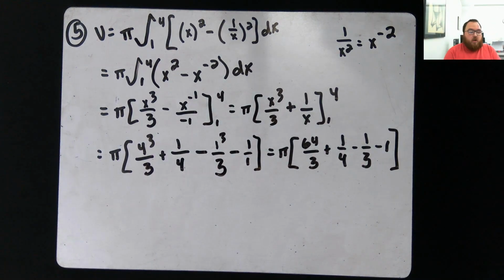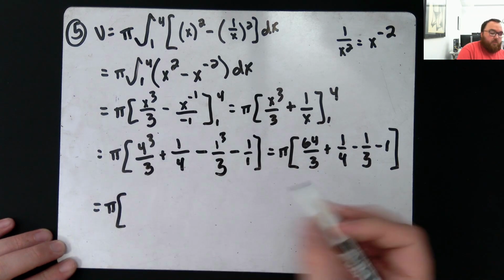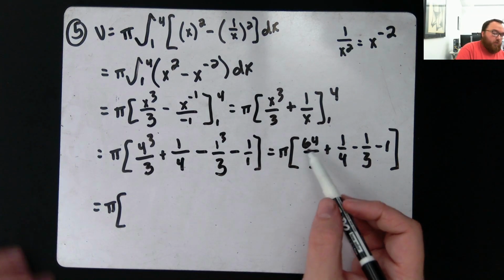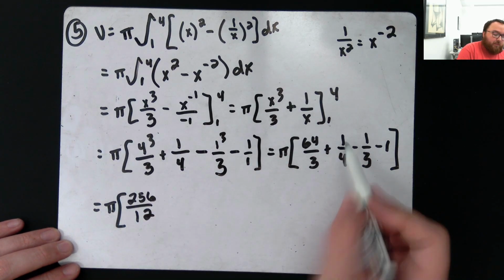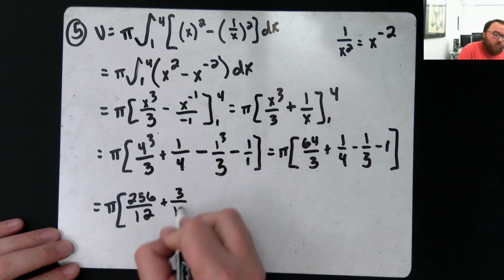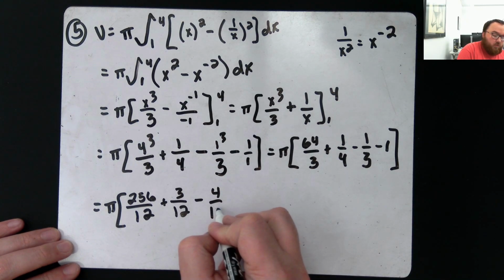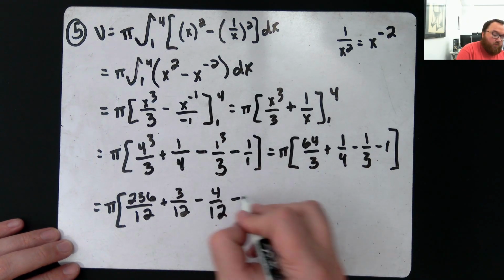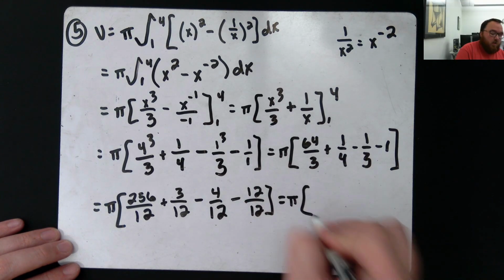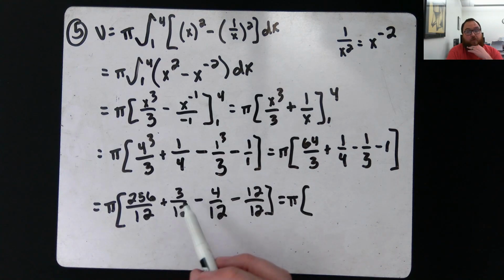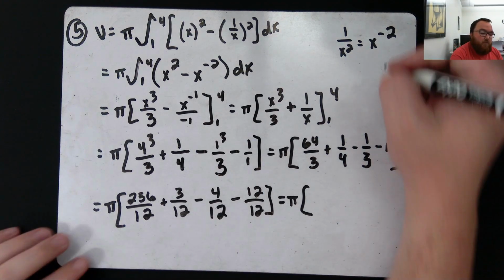The common denominator here would be 12. So we need to multiply this by 4, which would give you 256. You need to multiply this by 3. You multiply this by 4. You need to multiply this by 12. 256 plus 3 is 259. 259 minus 4 is 255. 255 minus 12.